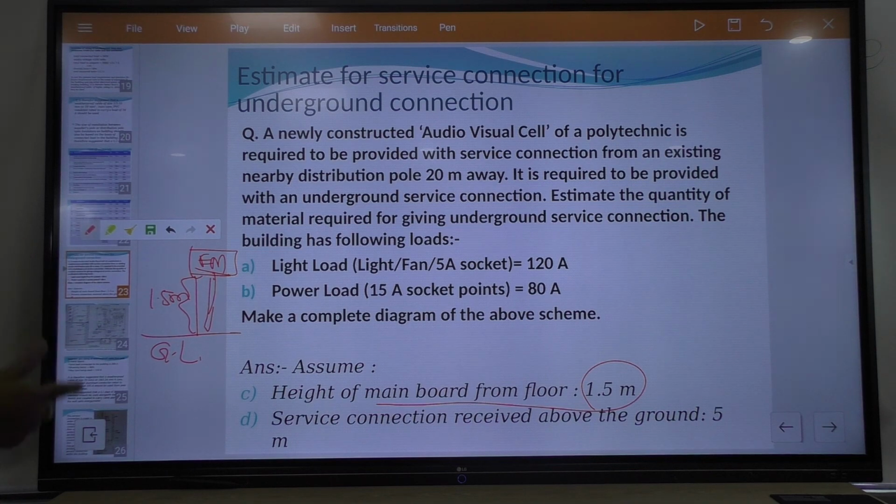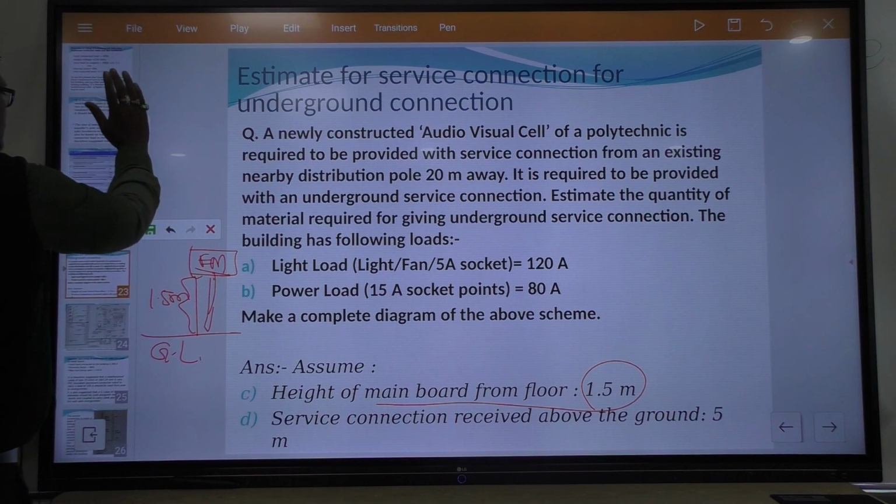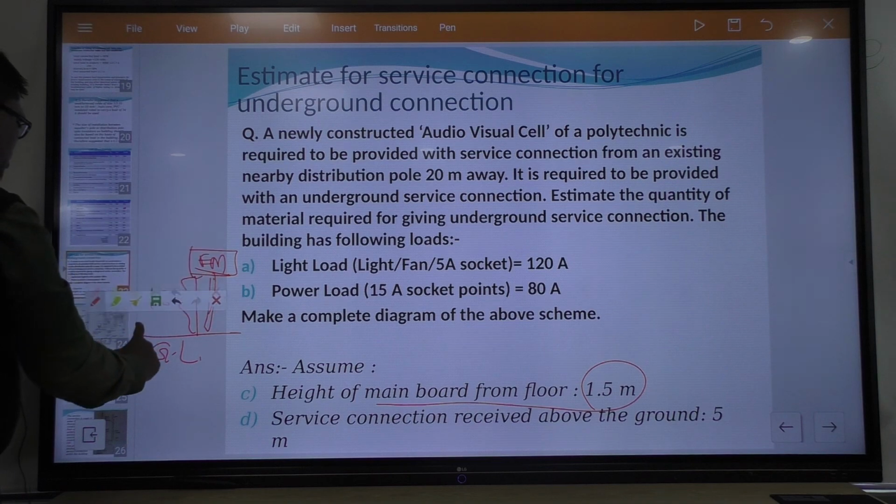Service connection received from the ground is 5 meter.